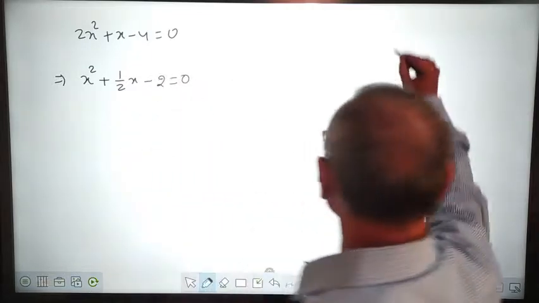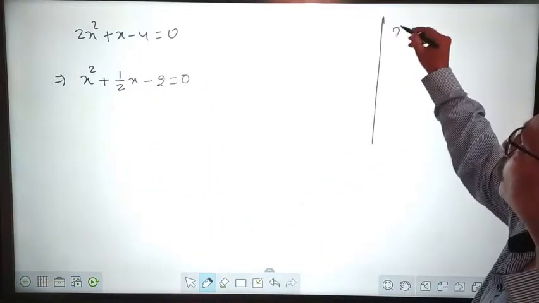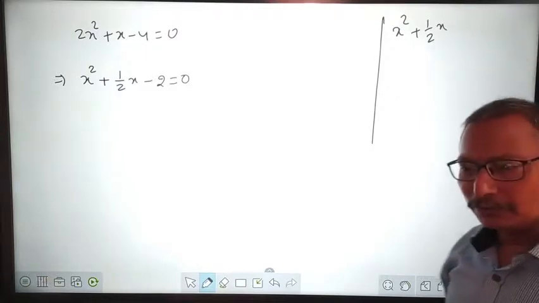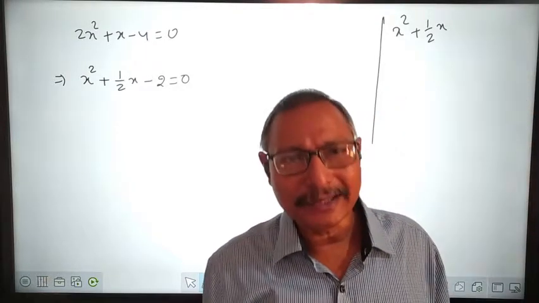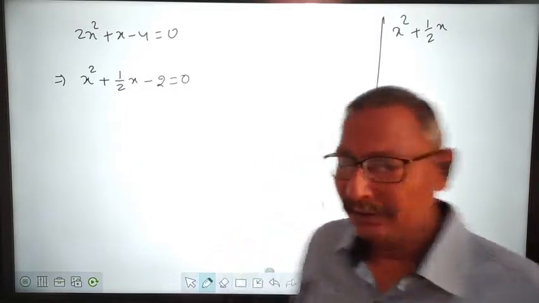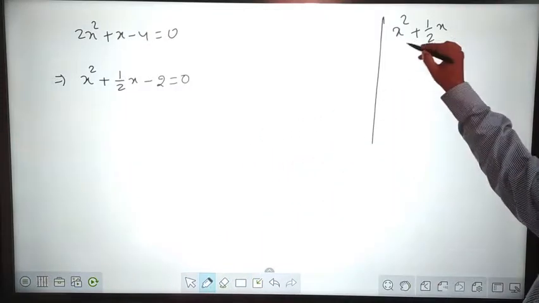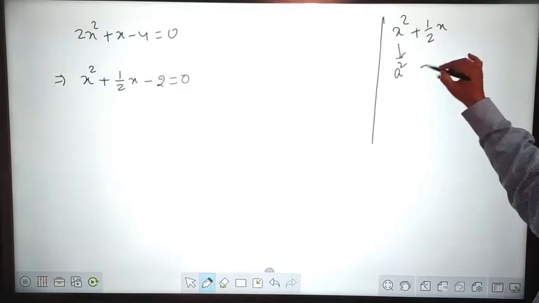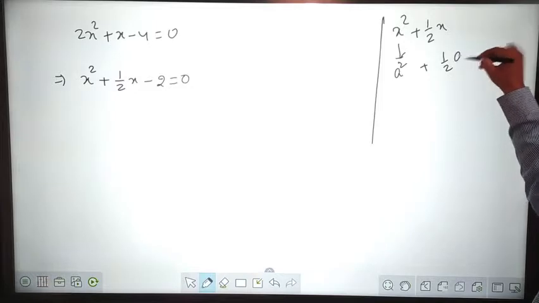Now the second step, what should be written here? Actually, with the help of only these two terms, x square plus 1 by 2 x, we are to write down a perfect square. For that purpose, we can consider this one as a square, so it will be equal to a square.